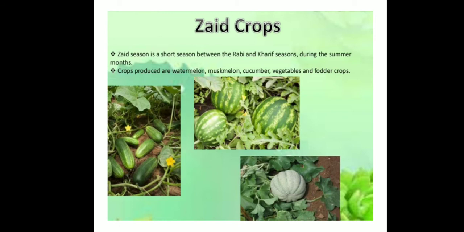Sugar cane takes almost a year to grow. Children, hear what they are saying, that between the Kharif crop and Rabi crop, there is a short gap. In that gap, they grow these crops, and these crops are known as the Zaid season.